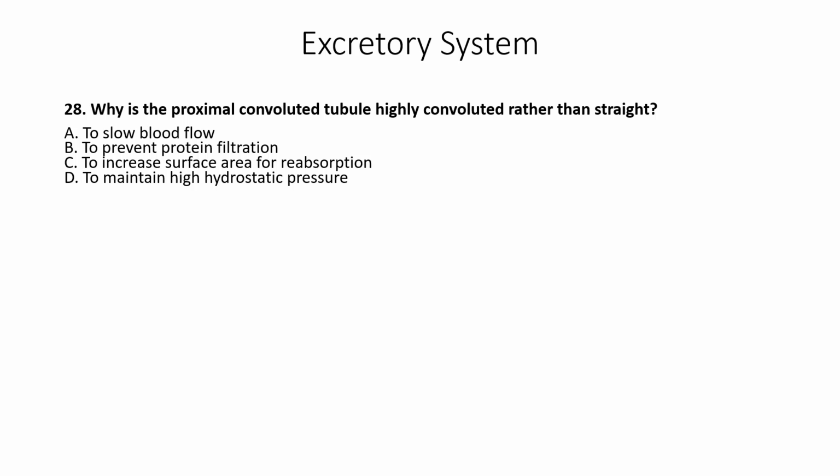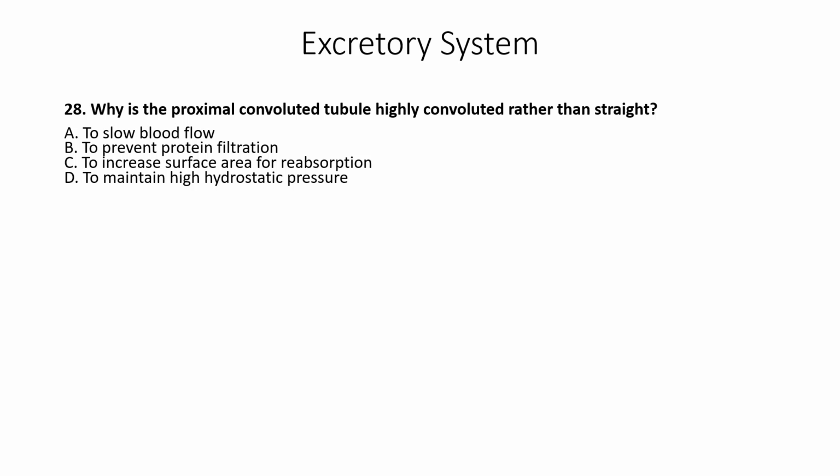It's to increase the surface area, which makes sense. If you have a flat surface versus if that flat surface suddenly has many little mountains or undulations on it, the effective surface area is increasing. So here also, the reason the PCT is convoluted rather than straight is simply that within a smaller area you pack in a lot more of the tubule, so you effectively increase the surface area for reabsorption.